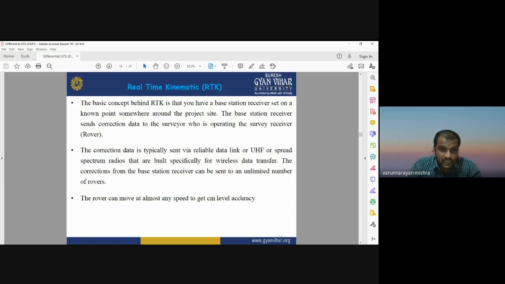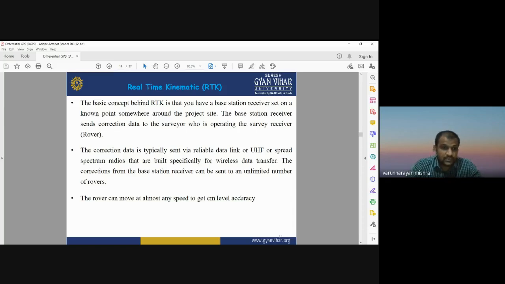The correction data is sent via Bluetooth. You can also have the facility for radio signals. The GPS receiver fixed at the base station will send that corrected data to the rover station by using Bluetooth or some kind of wireless data transfer or any kind of radio signal.